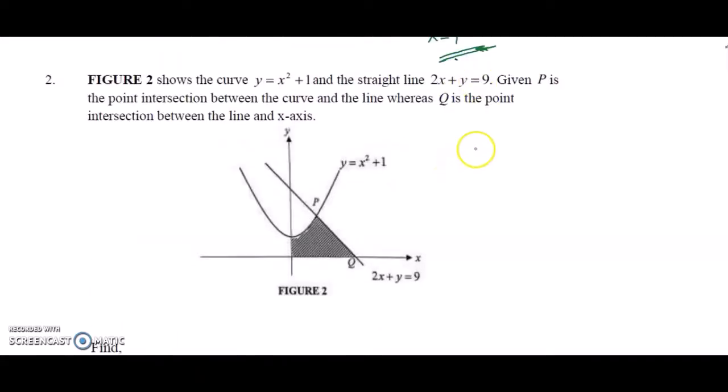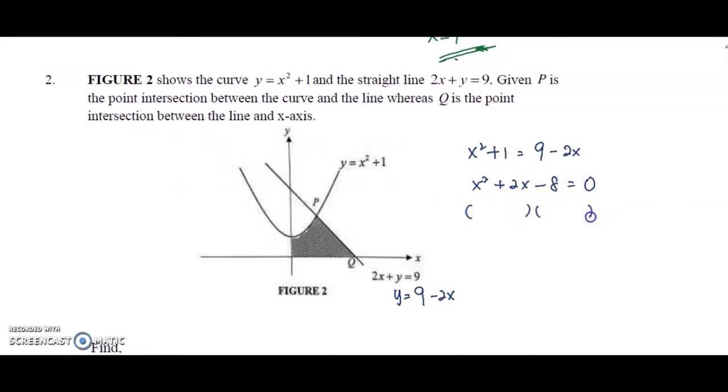I equate the quadratic with y equals 9 minus 2x. So I have x² plus 2x, 1 minus 9, you get negative 8, equals 0.